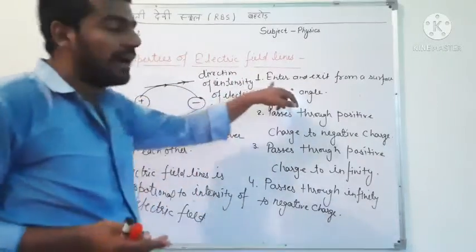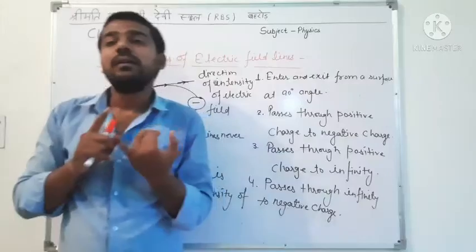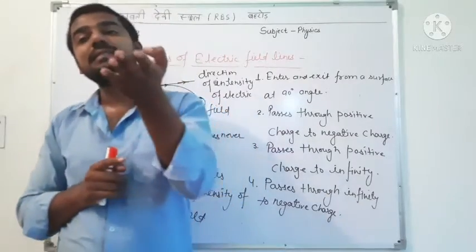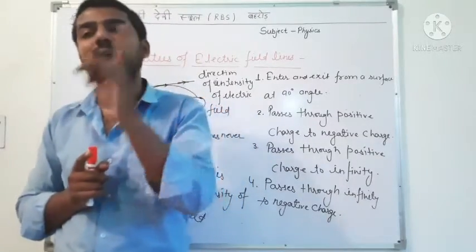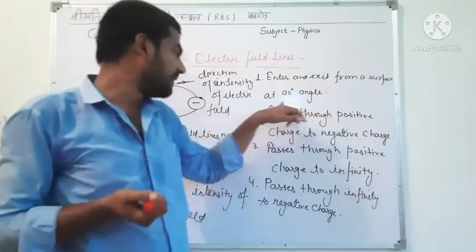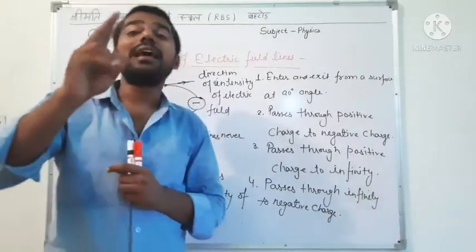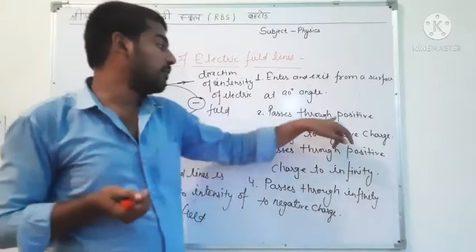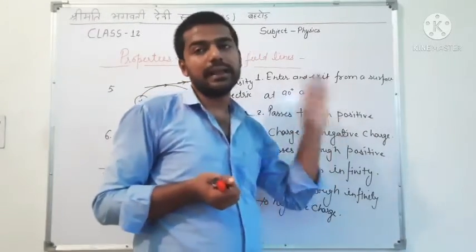First, electric field lines always enter or exit a surface at a 90-degree angle. Second, electric field lines always pass from positive charge to negative charge.